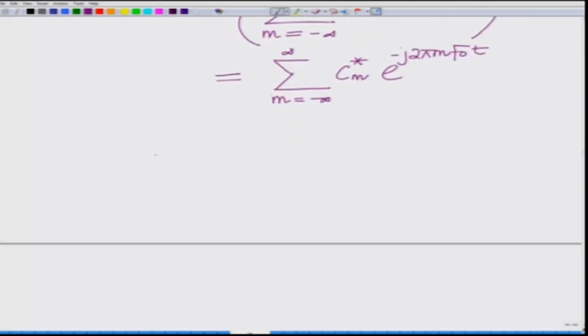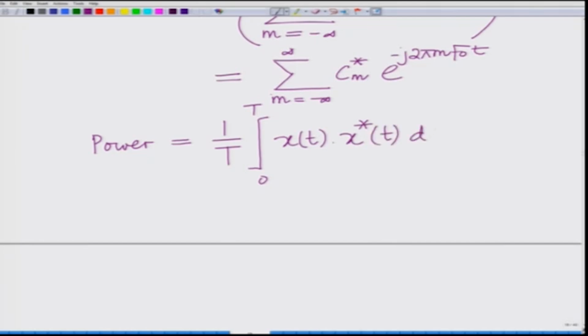Now, let us compute the power of this periodic signal. The power equals 1 over T integral of magnitude x t square, which is x t into x conjugate t dt, which is 1 over T integral 0 to capital T x t.